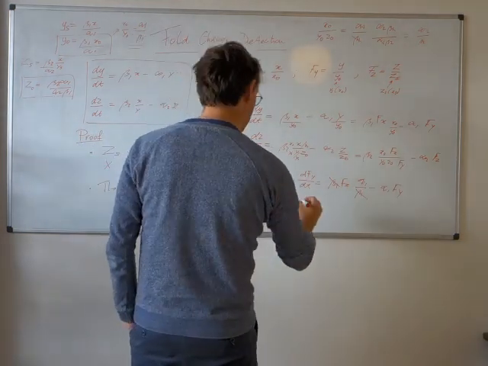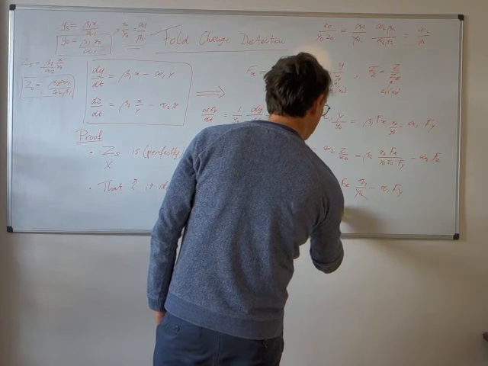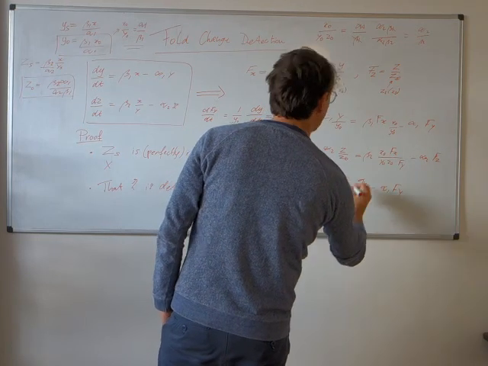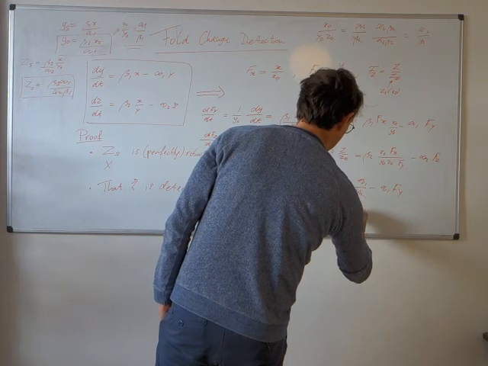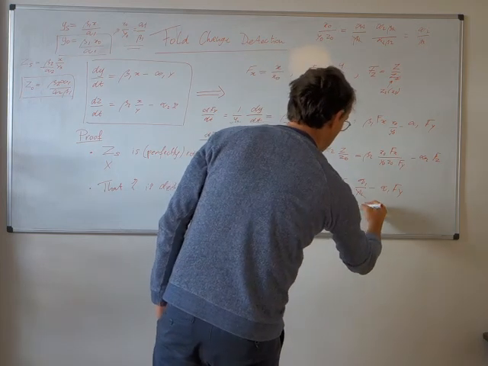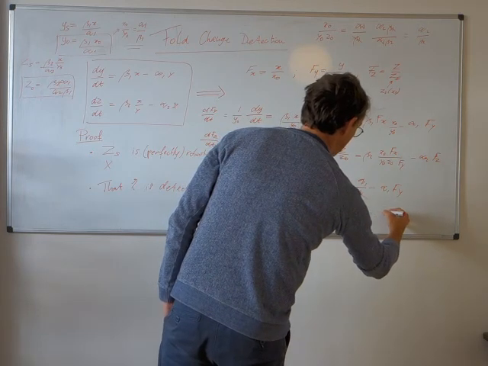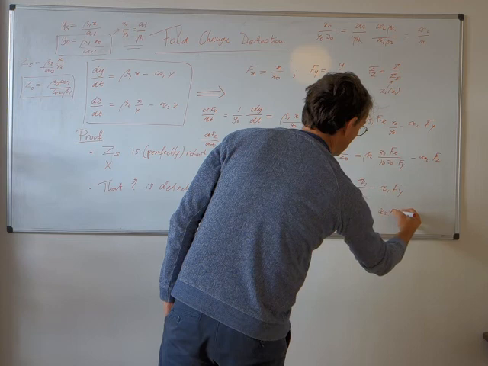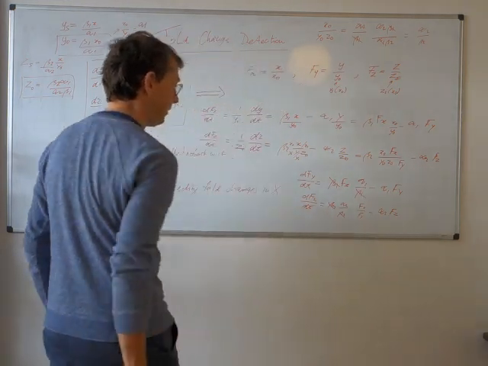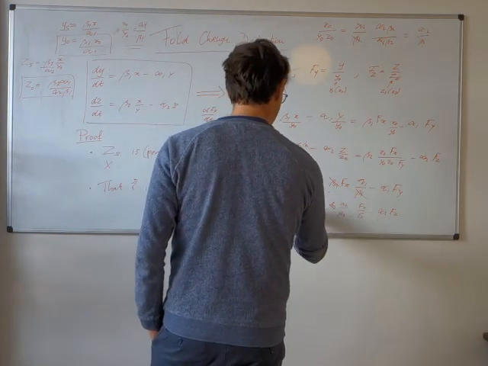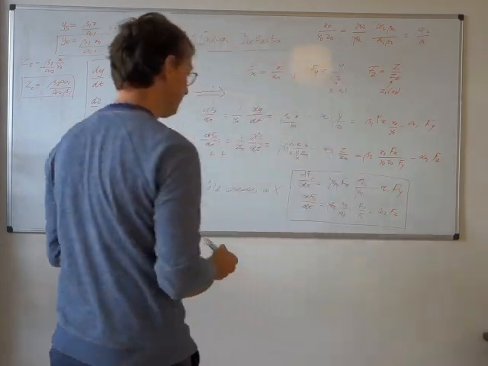That means that dfz dt is beta 2 multiplied by alpha 2 divided by beta 2 multiplied by fx over fy, minus alpha 2 fz. Now here you see that the betas disappear, so the final equations that we are left with are those.